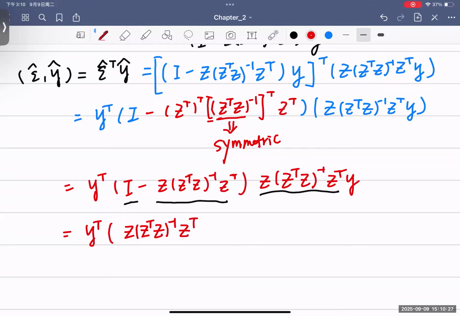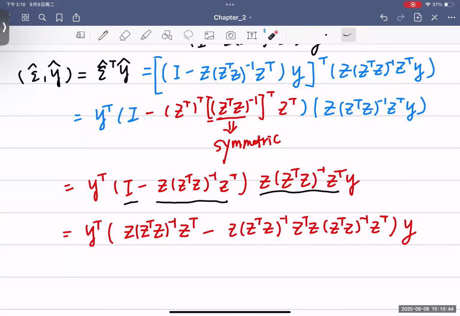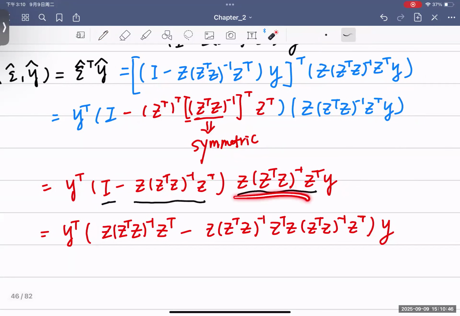This is the first step. The second step is just multiplying the same things together. This type of thing only looks complicated, but once you multiply them together, you find they are just the same part.